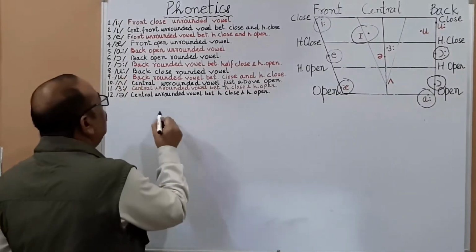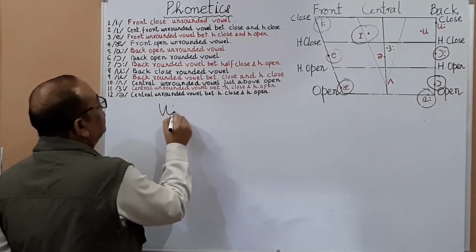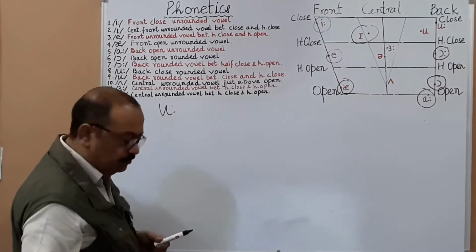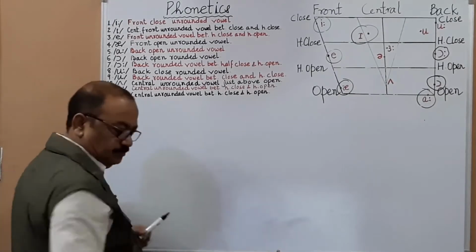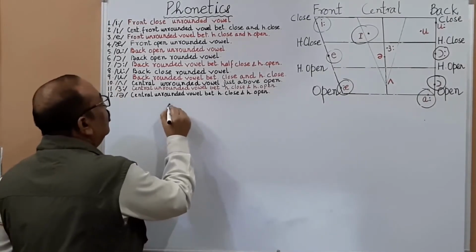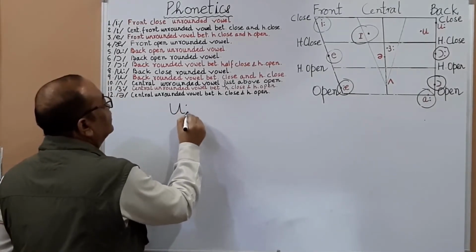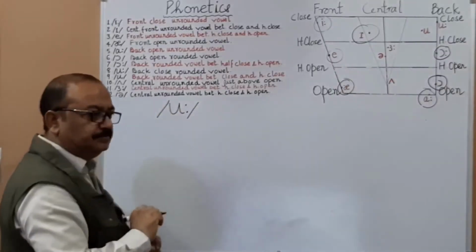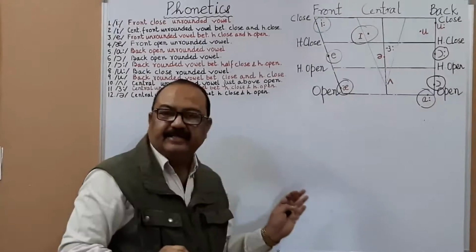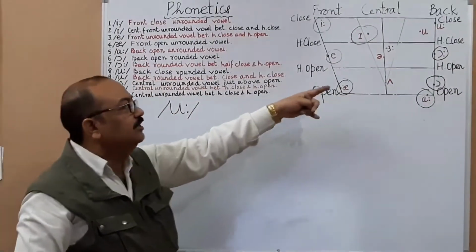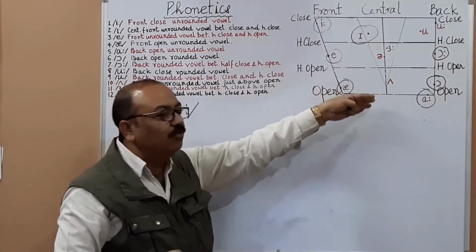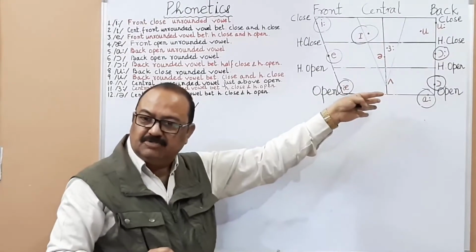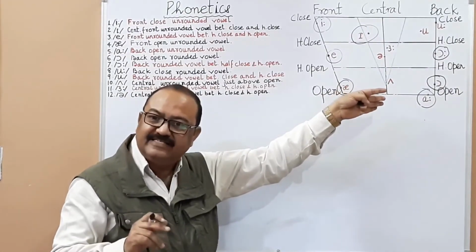So we are discussing long oo sound. This is the sound. Oo sound. How many vowels have dots against them?